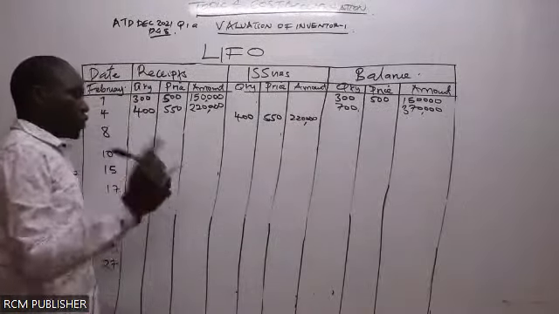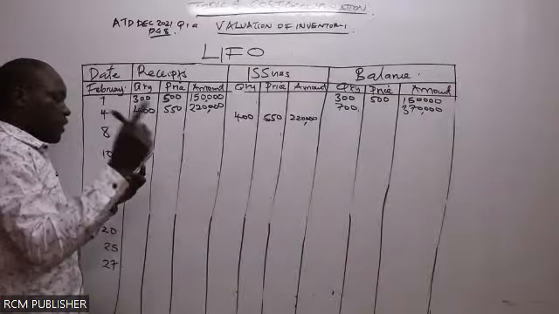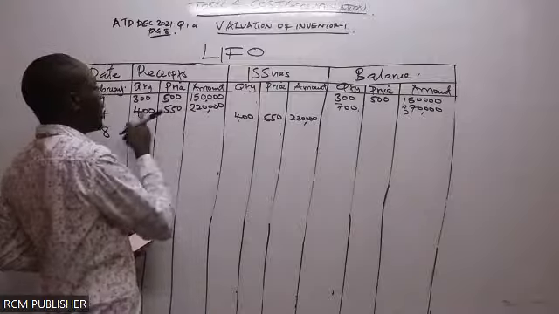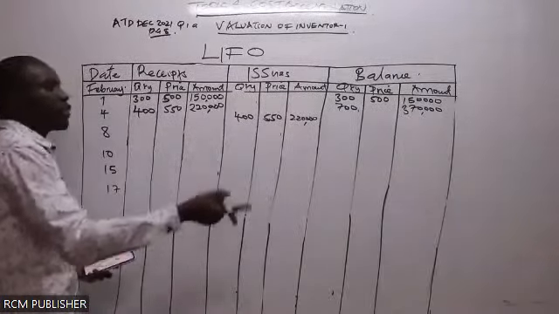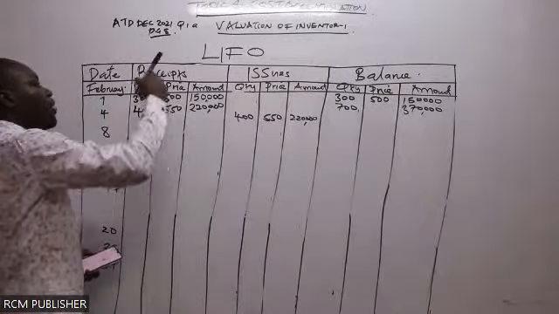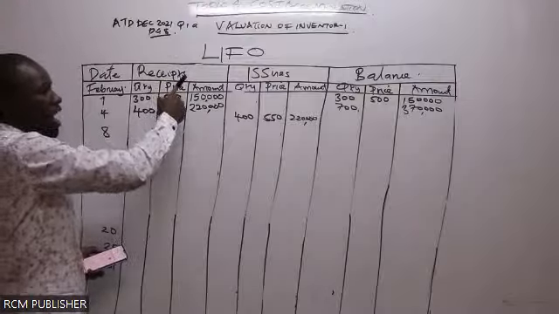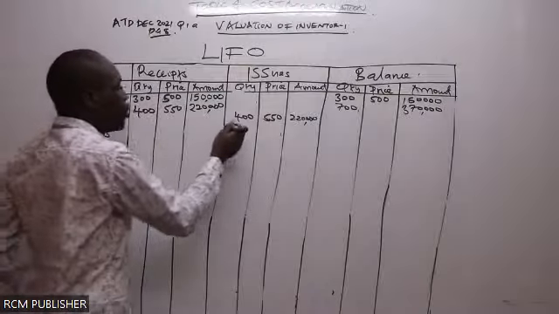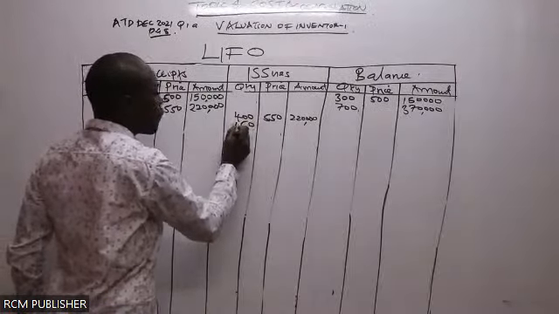Then, because the total number of units needed is 550, but I've only taken 400 from the last stock, I can now go to the earlier stock. I've depleted the latest stock, but my total should still be 550.